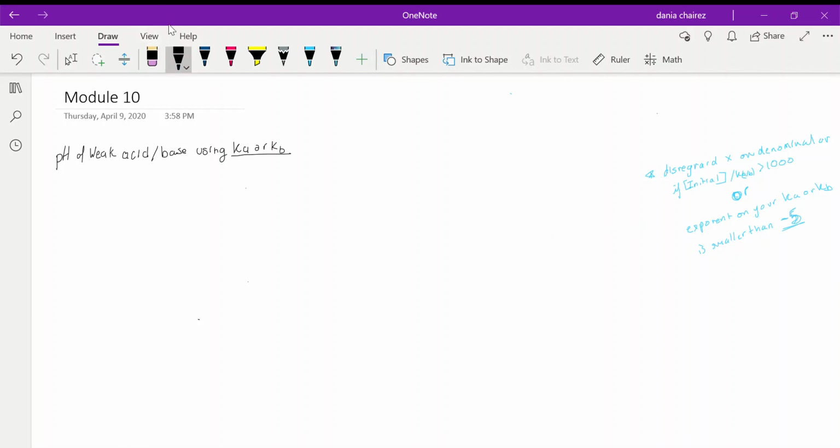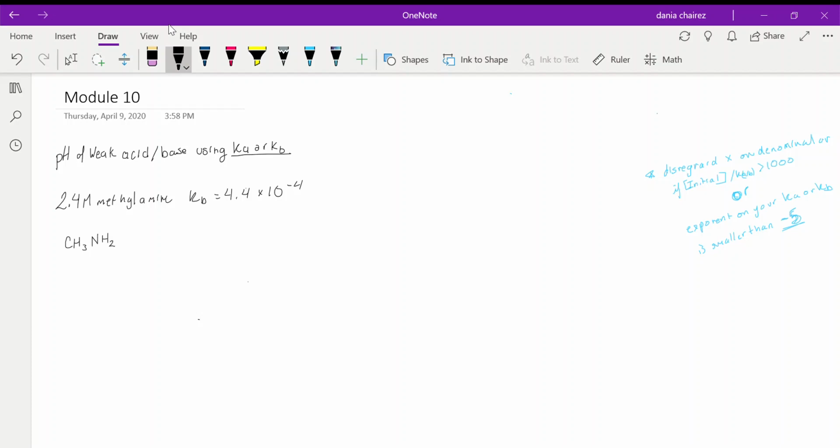Let's take, for instance, 2.4 molar of methylamine, and our Kb is 4.4 times 10 to the negative 4. If you don't know what methylamine is, it really is just what it's saying: your methyl, which is a CH3, and then your amine, which is an NH2.